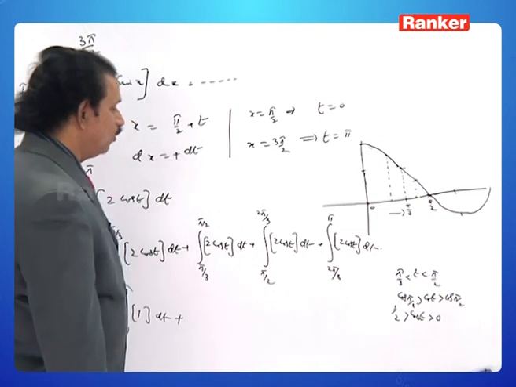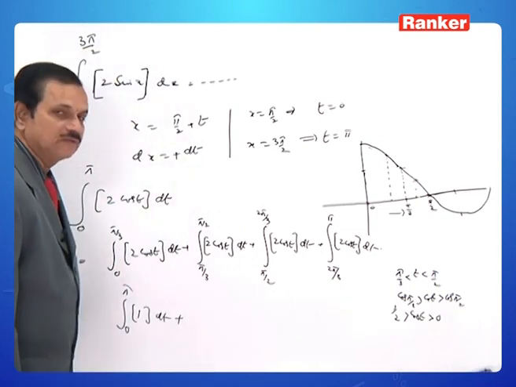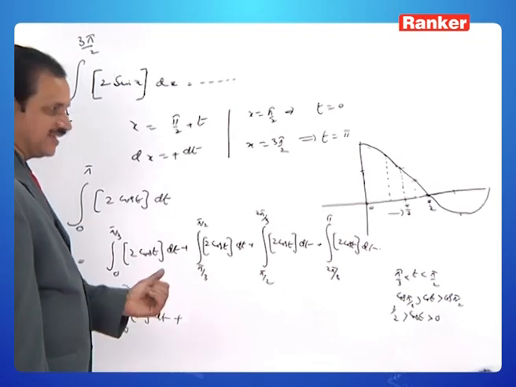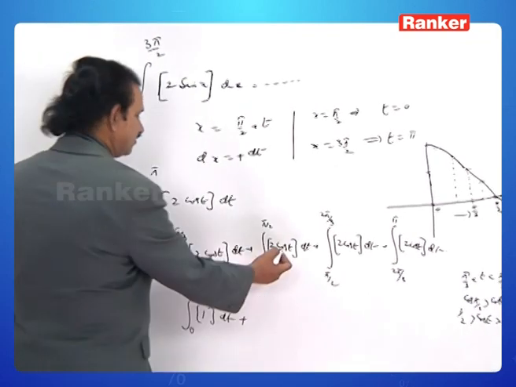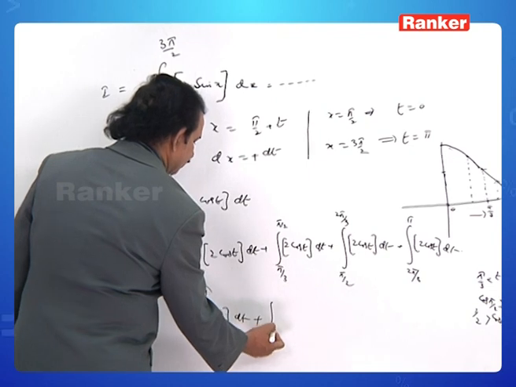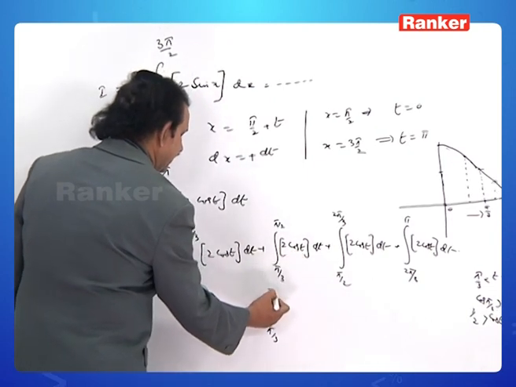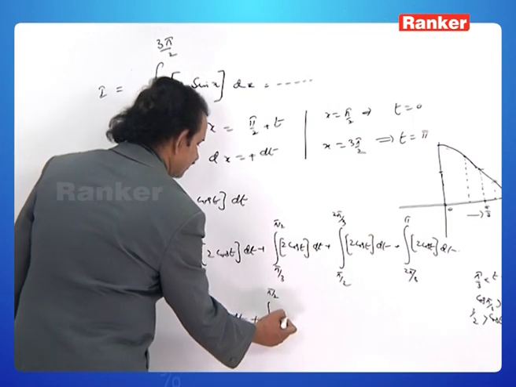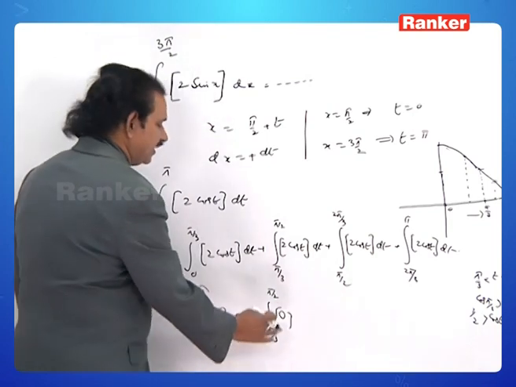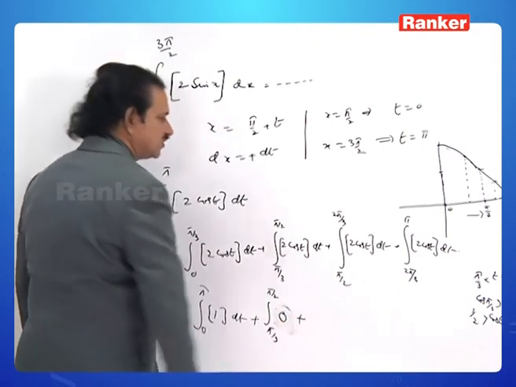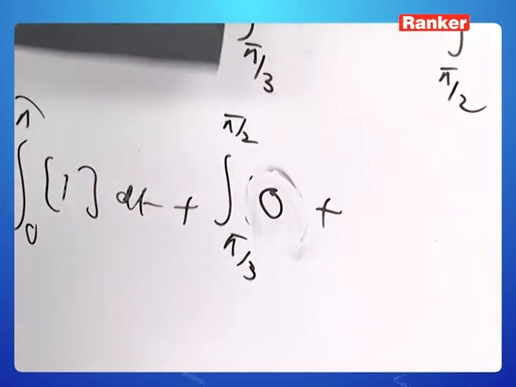Multiply it with 2: 1 greater than 2 cos t greater than 0. So 2 cos t is less than 1, and its integral part is 0. Plus pi by 2 to 2 pi by 3.